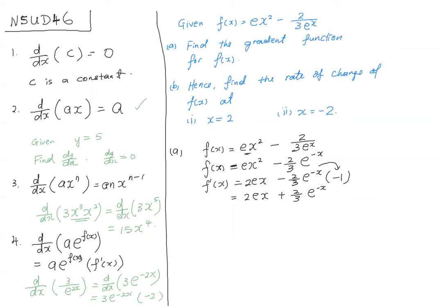All right, so for part B, part 1. What should I do? Substitute the 2 into f prime x. So I should write f prime 2, correct?